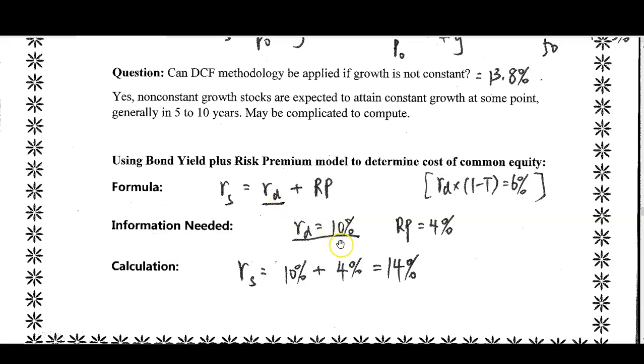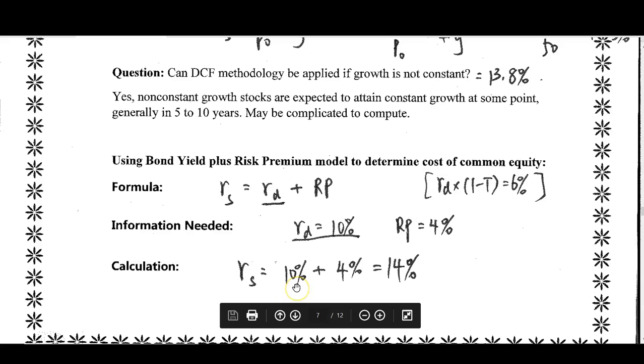The before tax, remember we have to use the before tax cost of debt here as 10%. We're not going to use the after tax cost of debt 6%. Okay, so cost of common equity becomes the before tax cost of debt 10% plus risk premium 4%. Okay, we have 14% as cost of common equity.